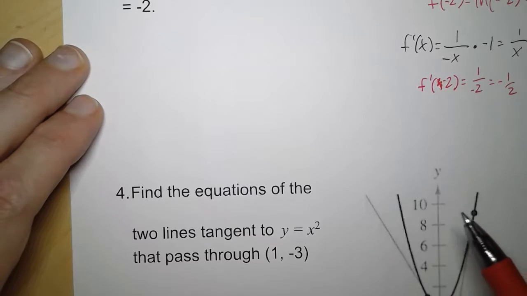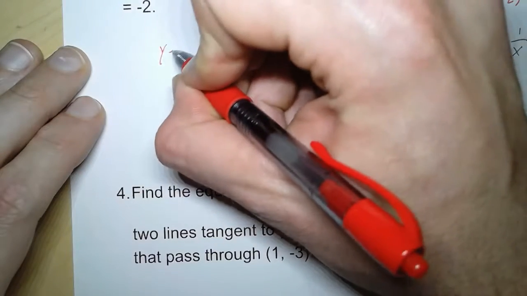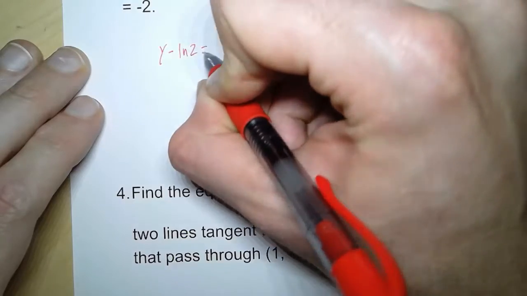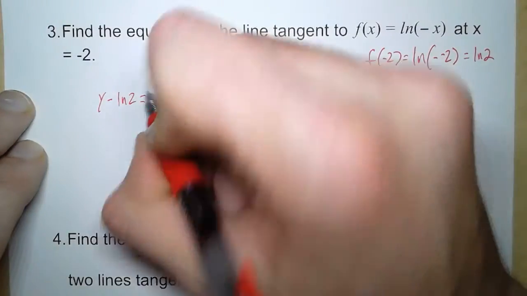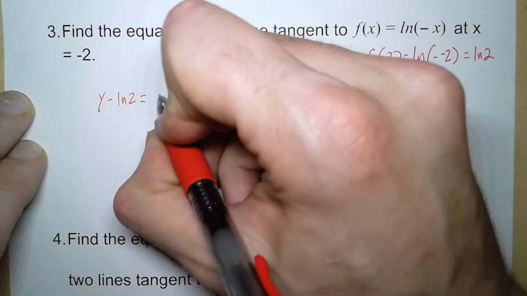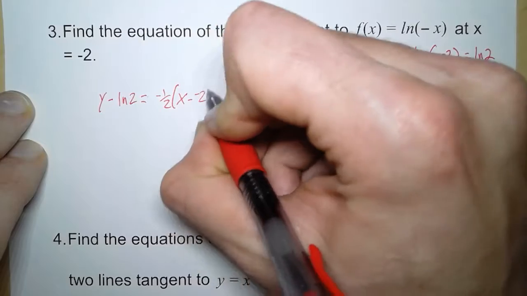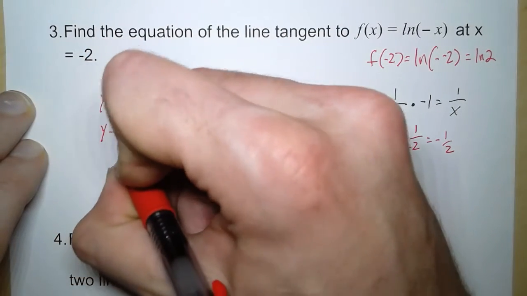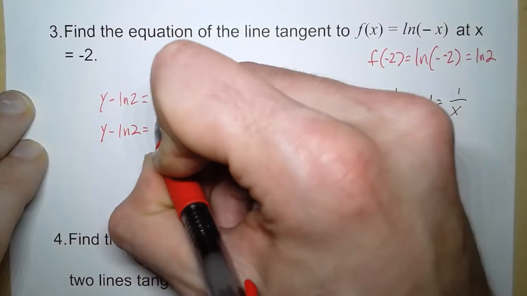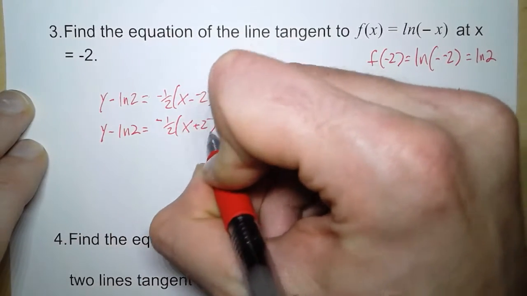So now our equation is going to be y minus ln of 2, just leave it in that form, equals negative 1/2, which is our slope, times the quantity x minus negative 2. We're subtracting a negative 2, so y minus ln of 2 equals negative 1/2 times x plus 2.